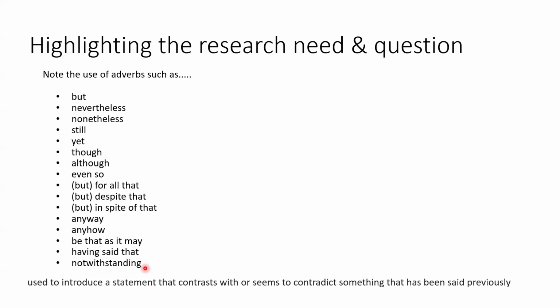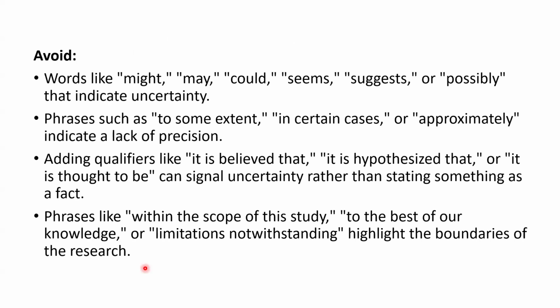And always avoid very ambiguous words like might, may, could, seem, suggest, possibly. Don't write your research abstracts with uncertainty, right? And also avoid phrases like to some extent, in certain cases, appropriately, because these are not precise. To some extent has no meaning in precision, right?